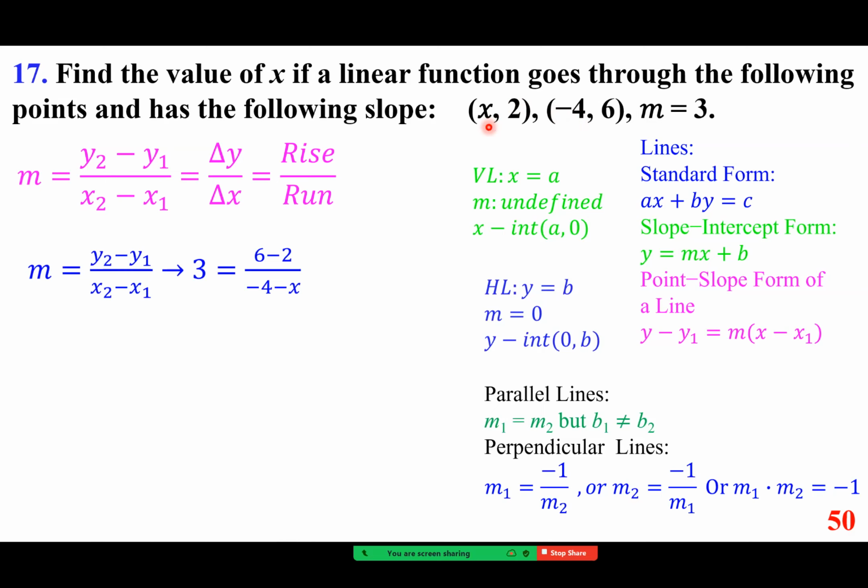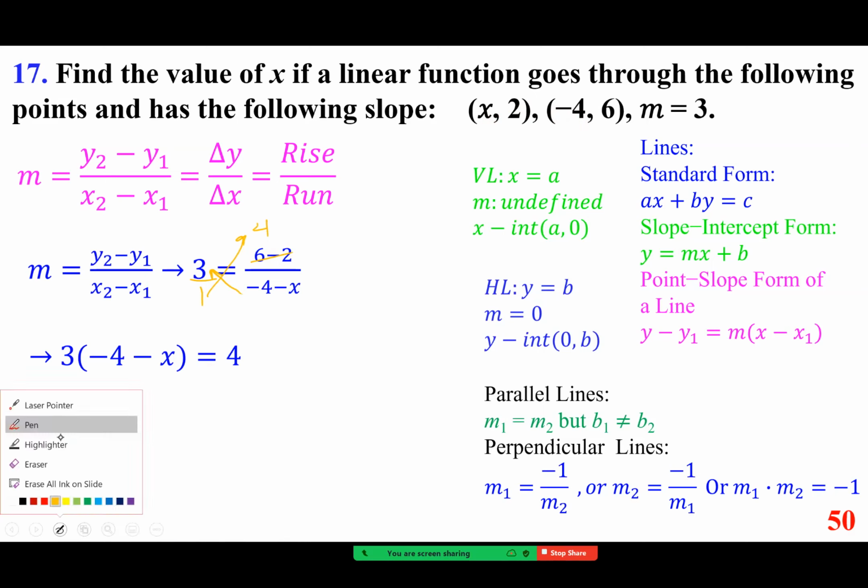So the numerator is 4, and if we do the cross product, we multiply these two, and we multiply these two, we get -12 - 3x = 4.